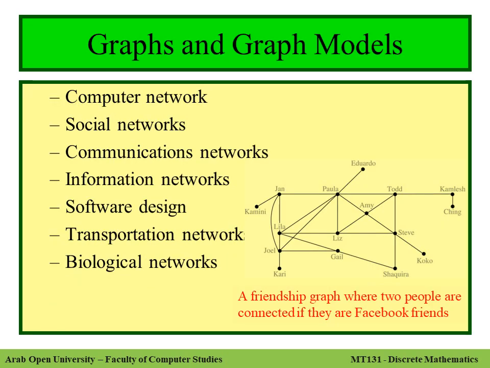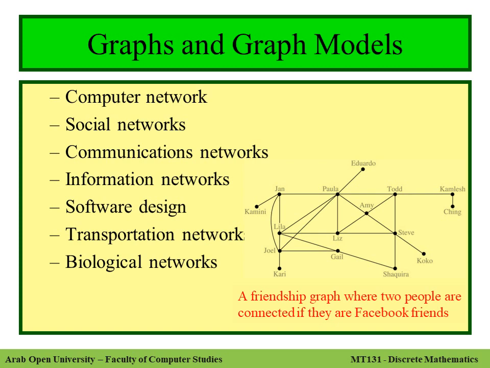There are many models that use graphs. These are just examples. Computer networks, for example; we will look at several examples of computer networks that use graphs to represent the network. You can also look at social networks like this graph here on the slide, communication networks, information networks, software design, transportation networks, biological networks.